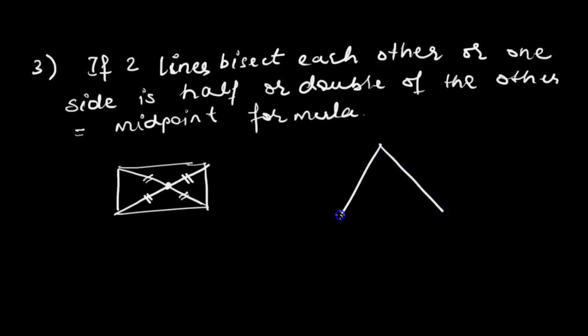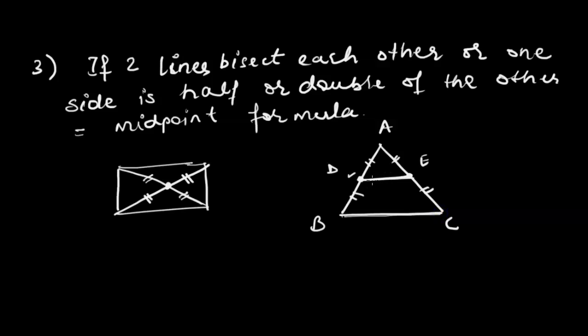Another type of question is where they want us to find out about the line segment formed by the midpoints of two sides of a triangle. So let's say this is one side and this is the other side. D and E are the midpoints of AB and AC, and they want us to prove that DE is half of BC.